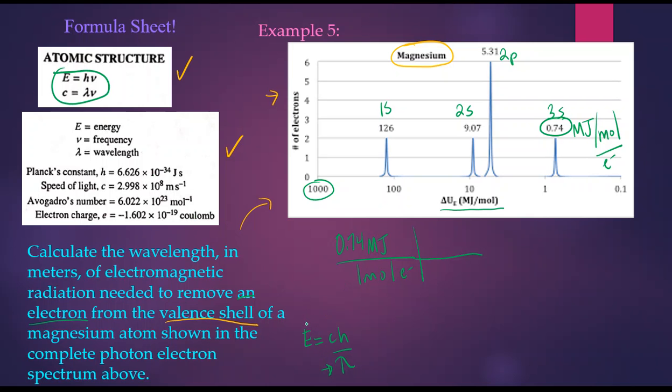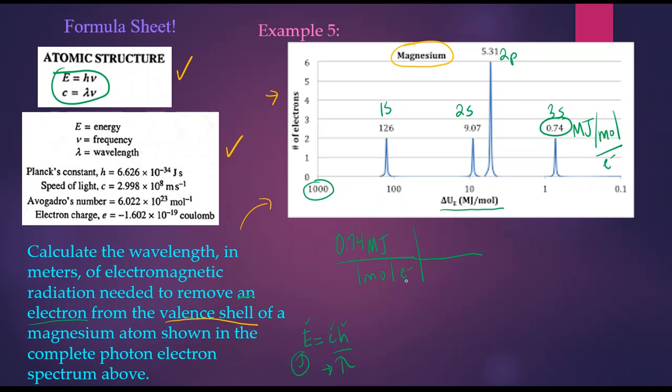I know the speed of light, I know Planck's constant, and then I can determine the wavelength from there. But in order to get there, I need my energy to be in joules, because it's in joules in this equation. And I need my moles of electrons to be just 1 electron, so I need the joules per 1 electron.